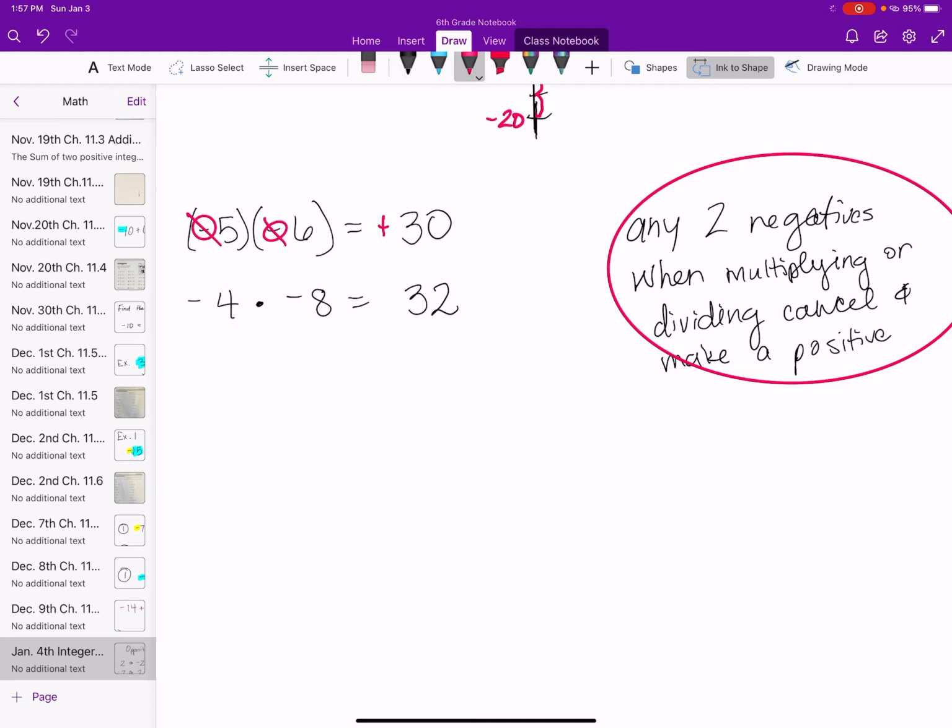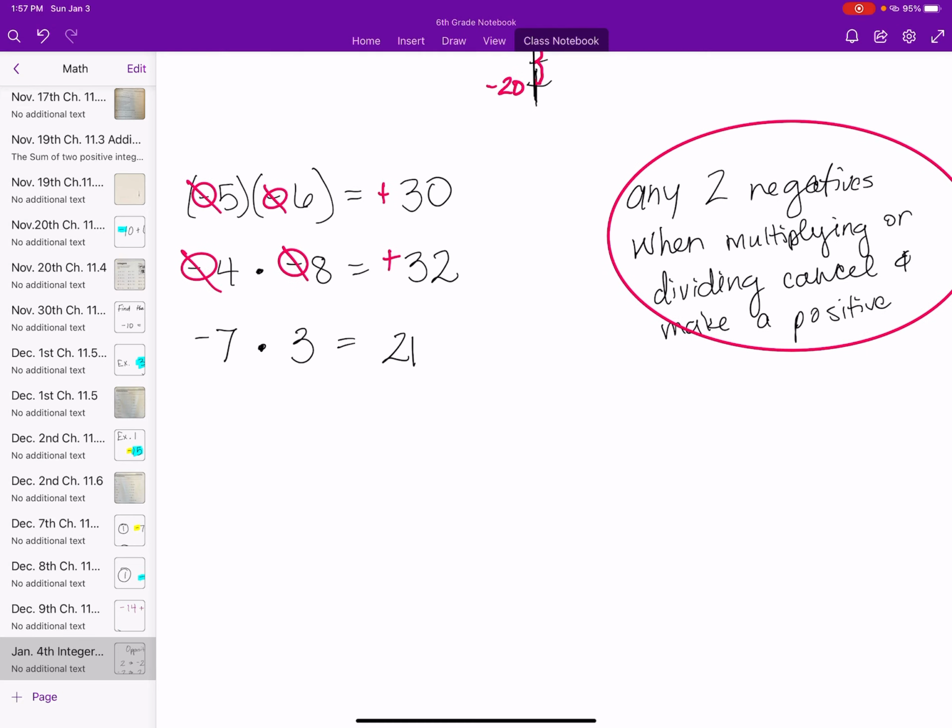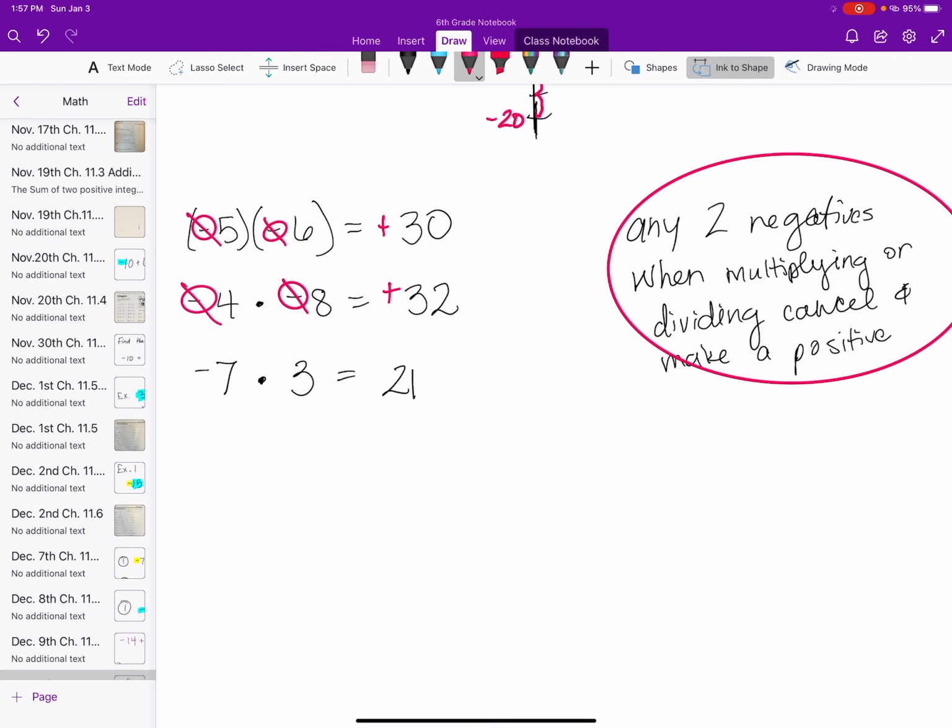Two negatives cancel out and they make a +32. If we have -7 times 3, 7 times 3 is 21. This time we only have one negative, so we keep our negative sign.